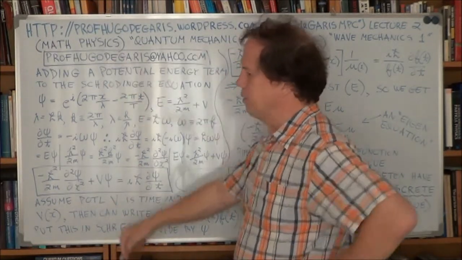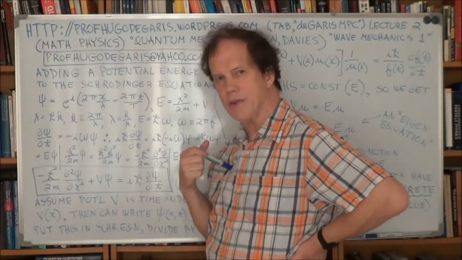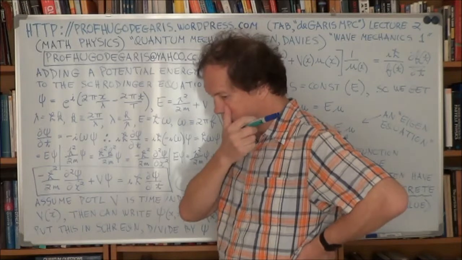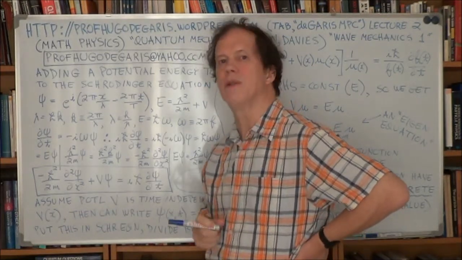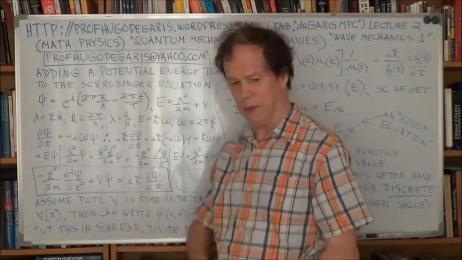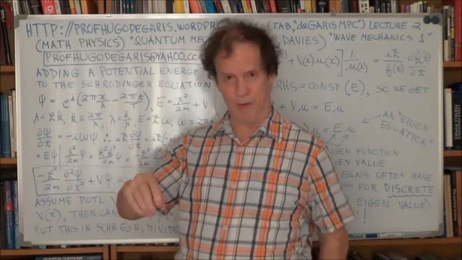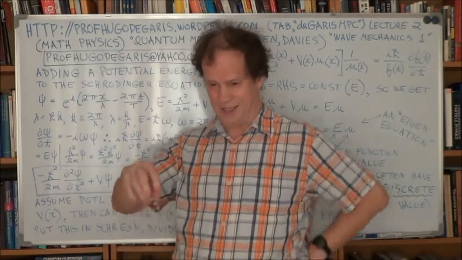So what I'm going to do now is adapt the Schrodinger equation somewhat so that it's possible to put in a potential energy term, a V. This is the potential energy. A bit of quick revision on what is potential energy, going back to fresher level, even high school level physics.